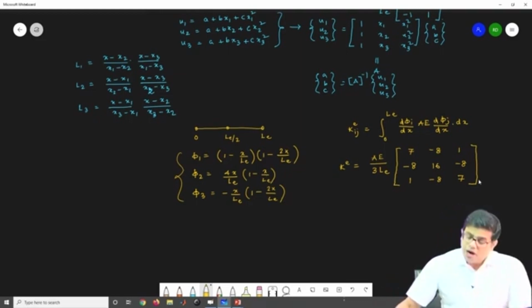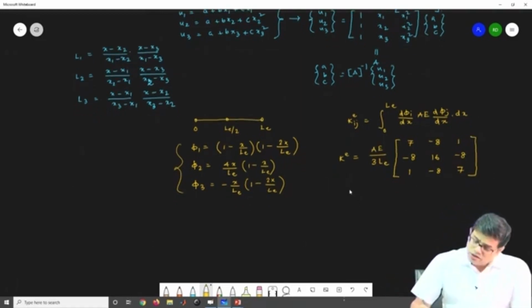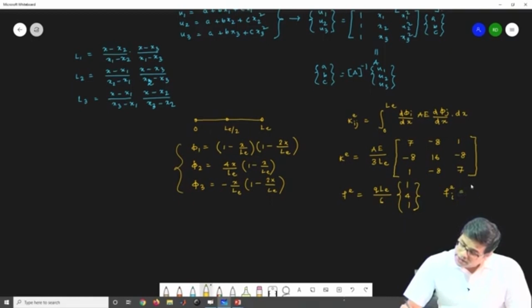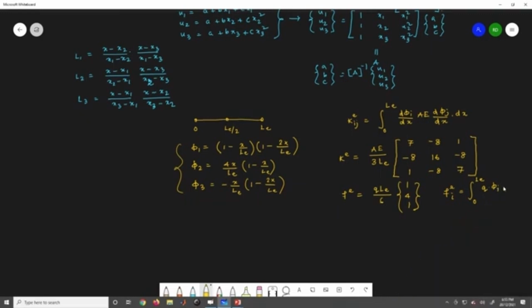Now in case of a bar problem, again the force vector Fe, if I assume Q is constant, then it is Q LE by 6 times (1 4 1). So Fe_i is essentially the integral from 0 to LE of Q into phi i dx.